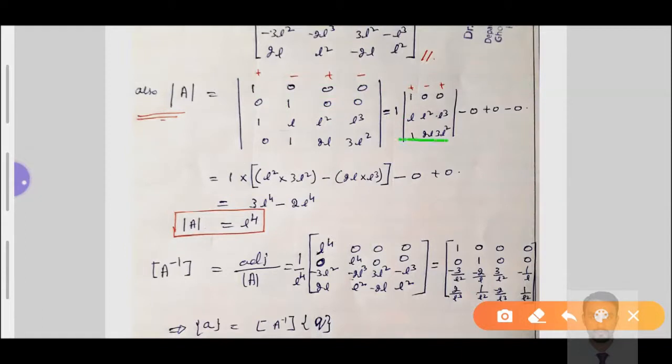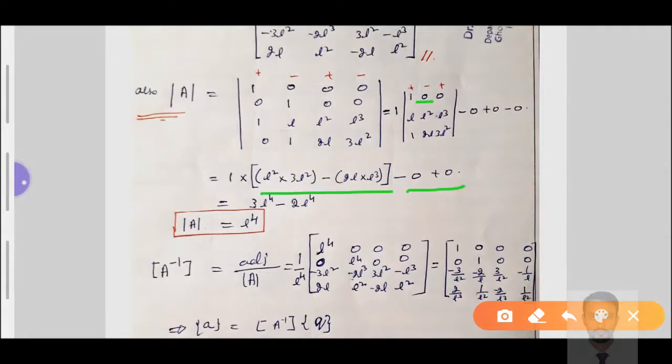Then this value is again a 3 by 3 determinant; here we have 1 into plus minus plus. Now resolve another determinant. With the first row and first column eliminated, we have these values: L square into 3L square, minus this value 2L into L cube. After that we have 0, so the rest of the values will be 0.